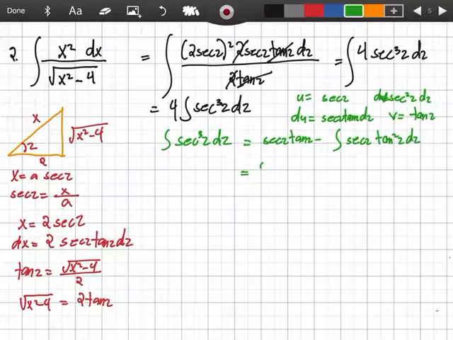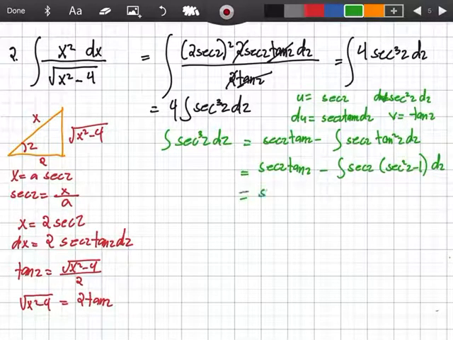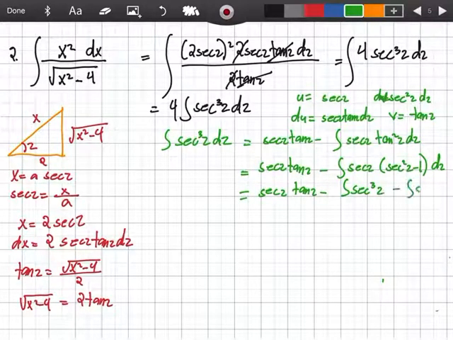So, you'll notice, class, that tan squared is also secant squared z minus 1. So, it will become secant z tan z minus integral of secant cube z minus secant z dz, minus negative times negative, positive, integral of secant cube z dz.